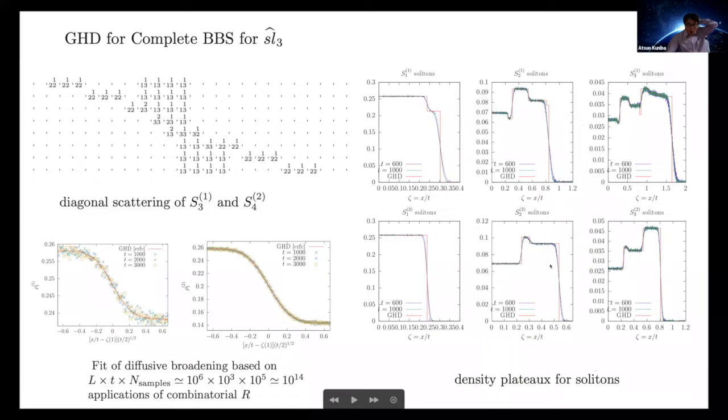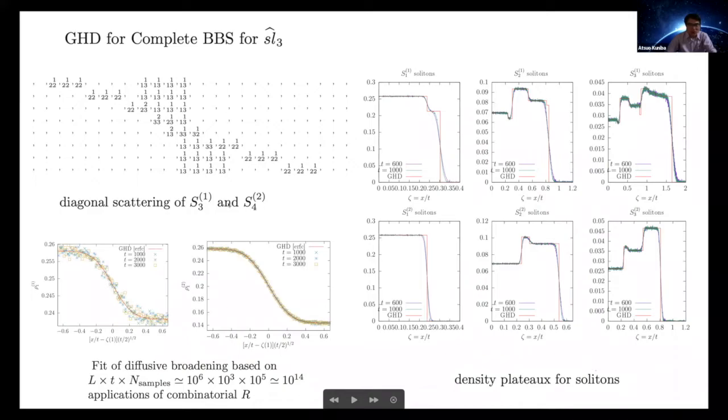BBS. As I introduced yesterday, there is a new version of the multicolor BBS, which we call complete BBS. All the solitons have a diagonal scattering, meaning it doesn't change the phase. So if this is the length of the soliton, the output for the soliton has exactly the same form. Also, you have very messy intermediate states. These are solitons, length 3 soliton.